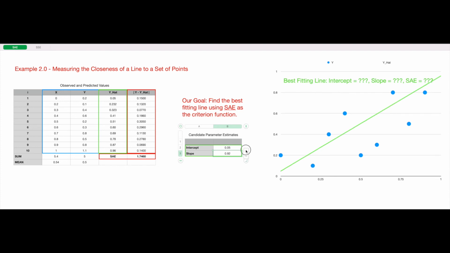Okay, and decrease that SAE value. You can see here by adjusting the slope, I'm decreasing it a little bit, that the SAE value is decreasing. Okay, it went back up there, so let's keep it at 0.84 for now. We may adjust it a little bit more.